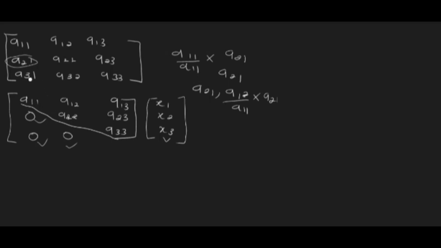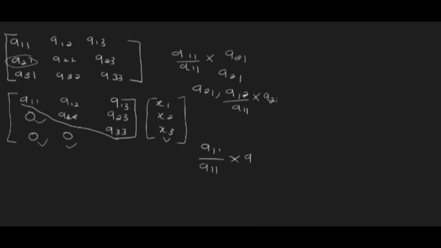Now, how do we eliminate the A31? When we are doing the elimination, we make sure we eliminate only the first column first, then we come back to the second column. To eliminate this 0, that is the A31, what you are going to do is take the A11, divide it by A11 itself, then multiply it by what?